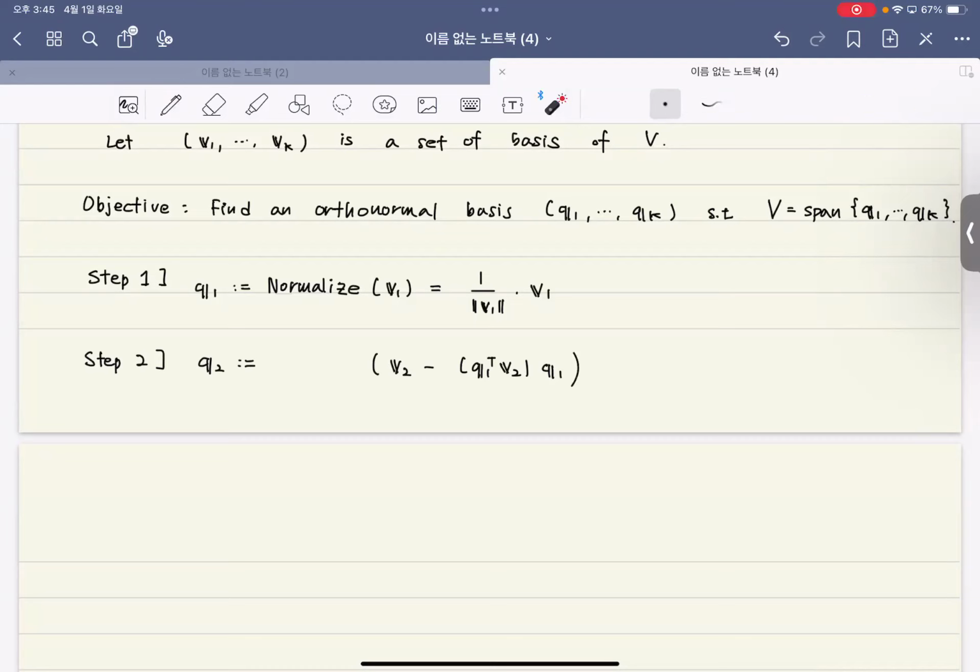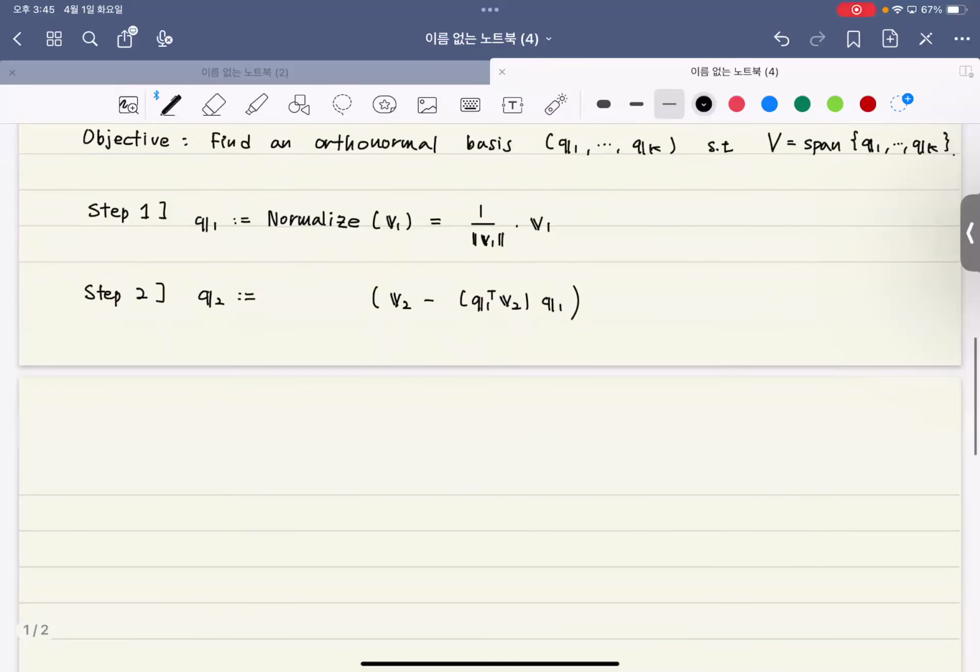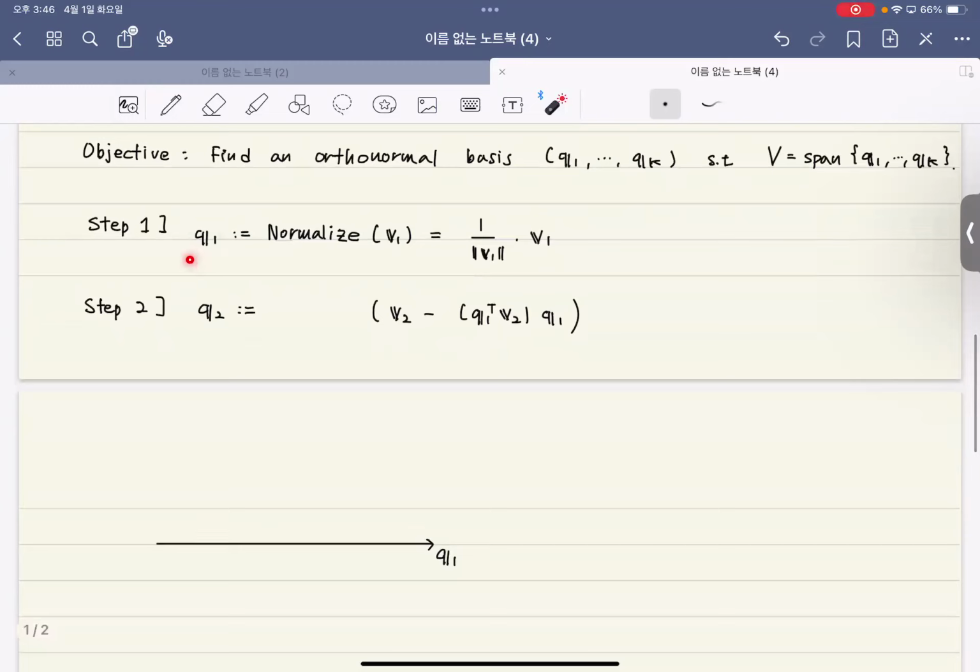First, I want to consider this vector. Suppose that this is my Q1, which I already have from step number 1, and this is my other vector, V2.